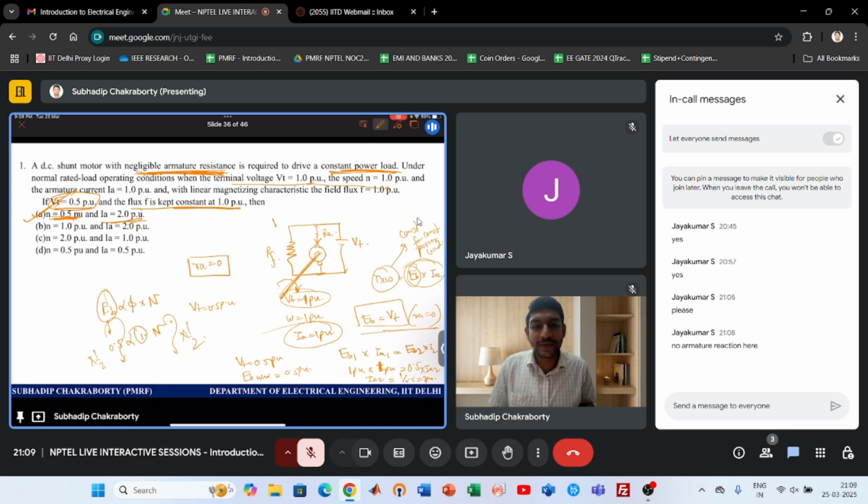I told you for knowledge purpose how the curves will, in the real world, slightly deviate from the ideal curves. But in books, they are drawing ideal ones, like assuming torque proportional to IA square. But that is not practical because flux will be limited due to saturation as well as armature reaction with increasing IA. So that is not true completely.